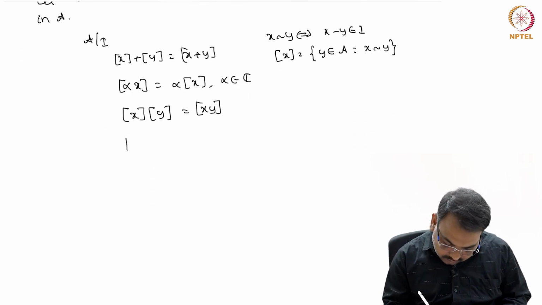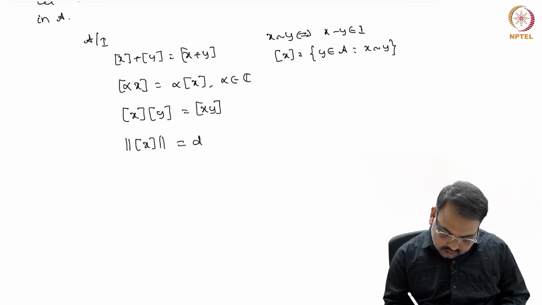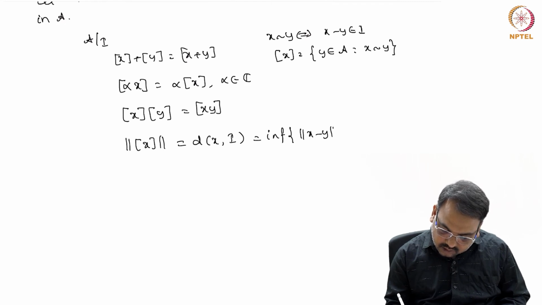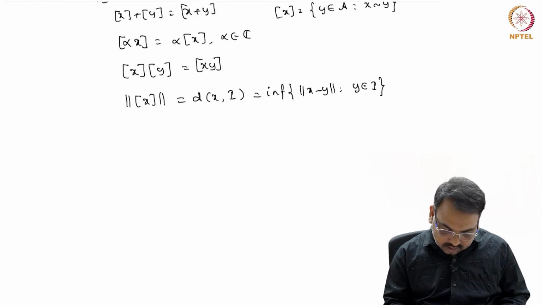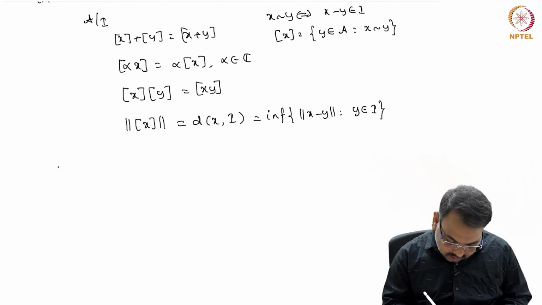Now the norm of an equivalence class is nothing but the distance between x and I. This is the infimum of norm of x minus y, where y comes from I. So with respect to these operations, we can say that A quotient I is a Banach algebra.